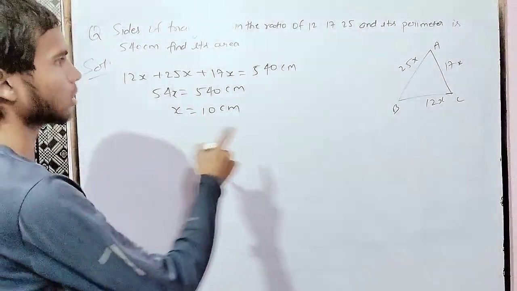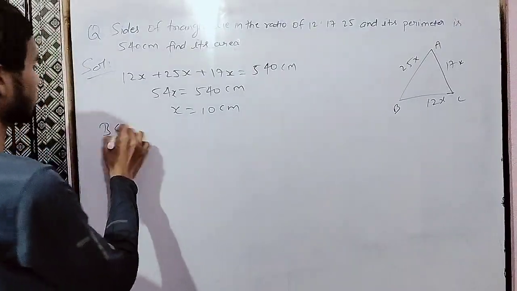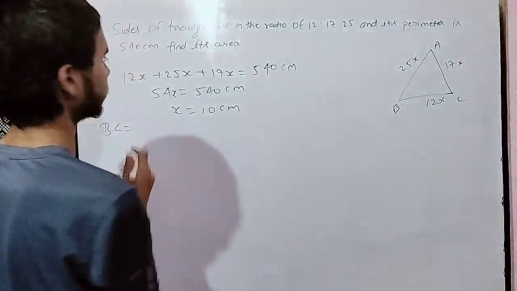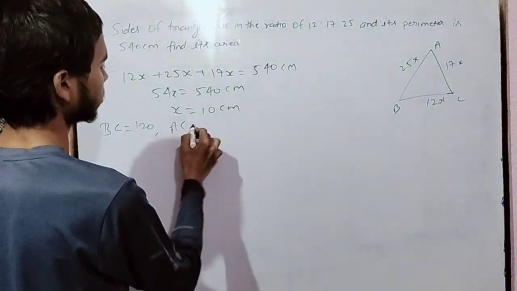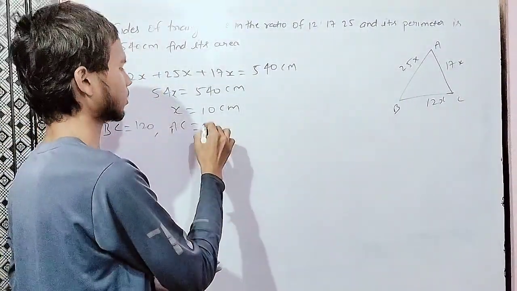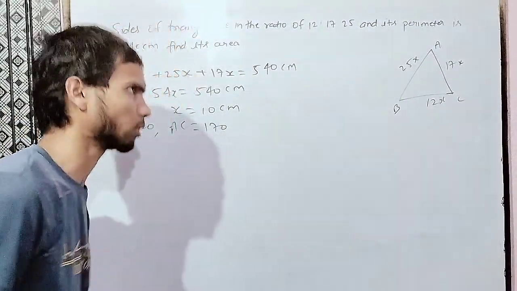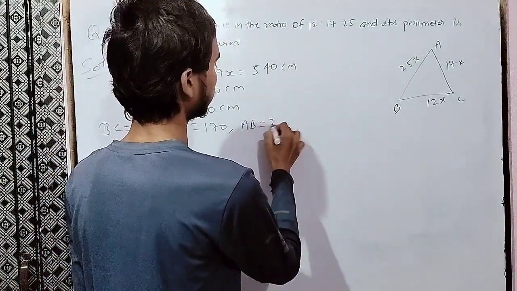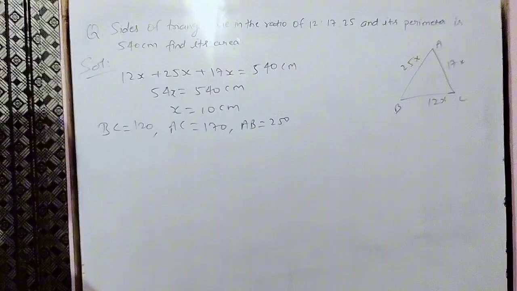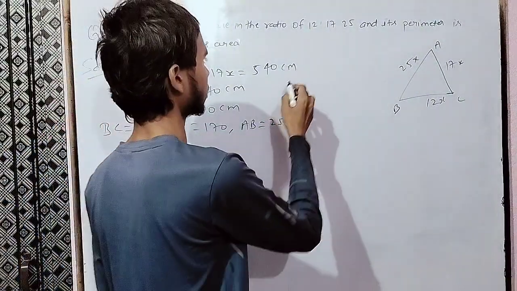Now the base is how much? 12 multiplied by 10, 120. The other side is how much? 20 multiplied by 10, 200. And the third side will become 250. Now we can find the semi perimeter.